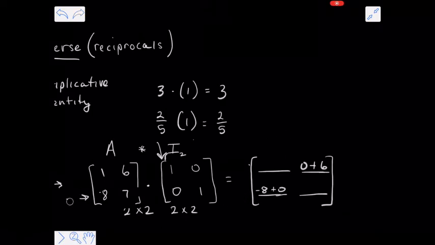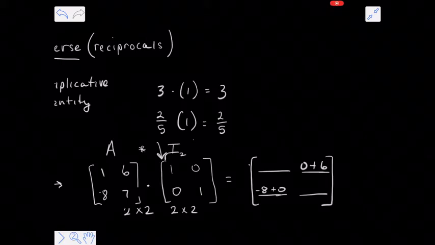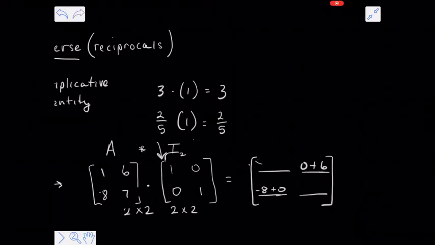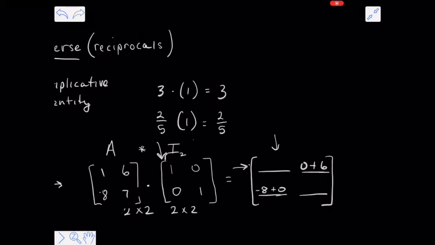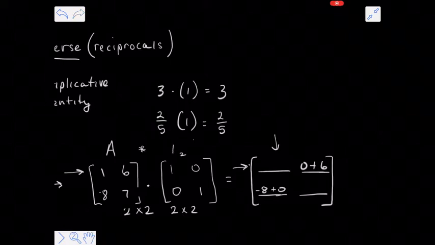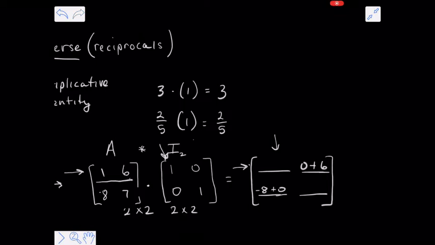Now, if I want the very first entry, that entry there in row 1, column 1, I would need row 1, column 1, so I need this row and that column.